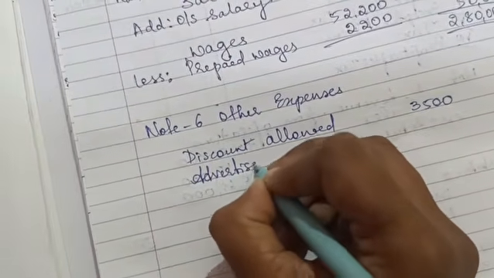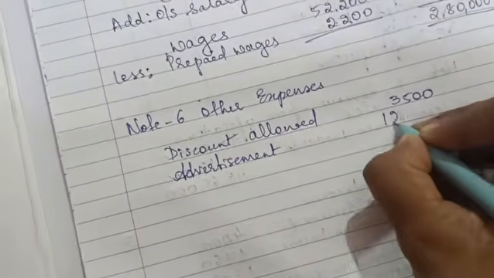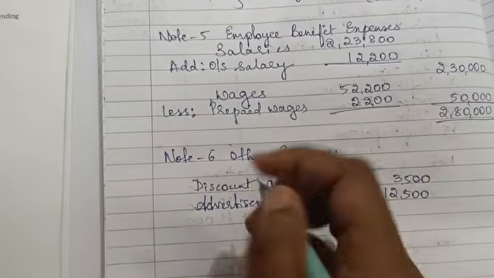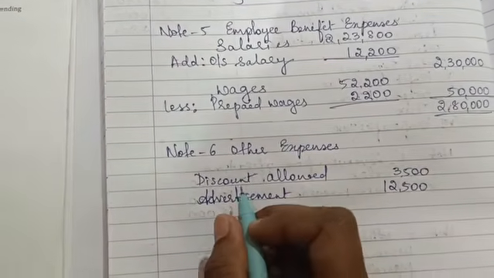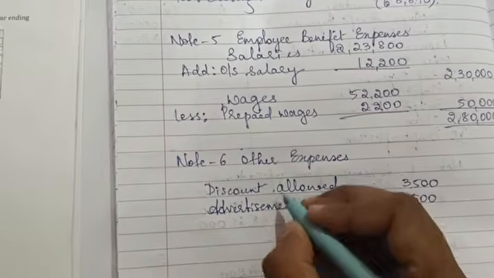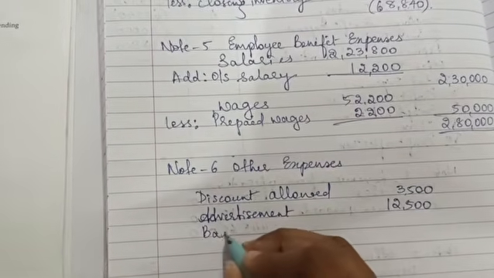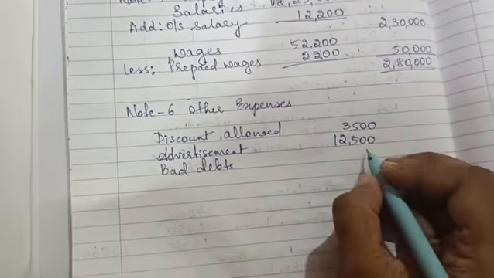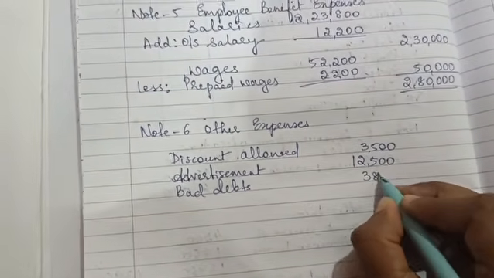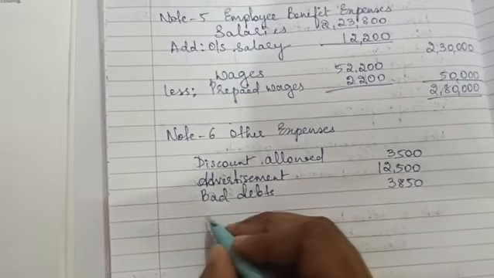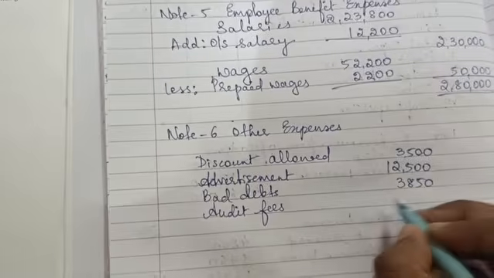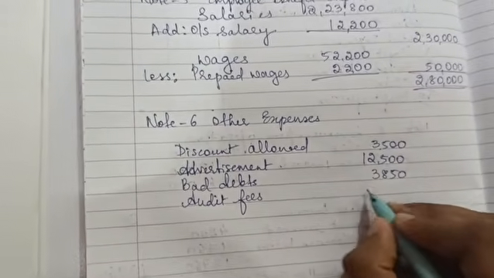Advertisement is 12,500. Then comes bad debts. Bad debts is 3,850. Then we have audit fees in the question. Audit fees is 12,000.